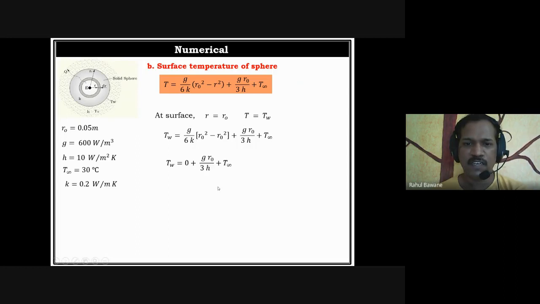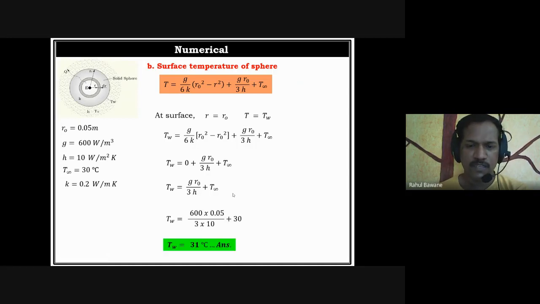So our final form will be this. Now if I put the values and calculate, after calculation I reach the conclusion that T wall is 31 degrees centigrade. And how to tally? It must be lesser than T maximum, and it is lesser, so that is our correct answer. T wall is 31 degrees centigrade.